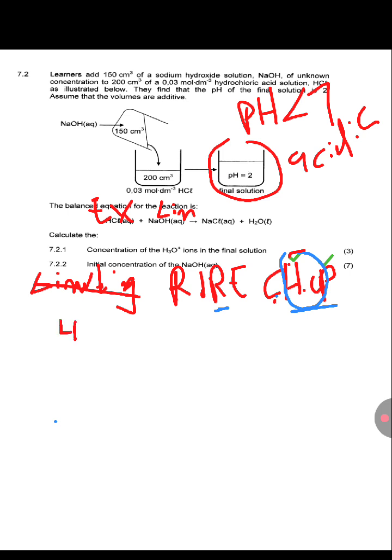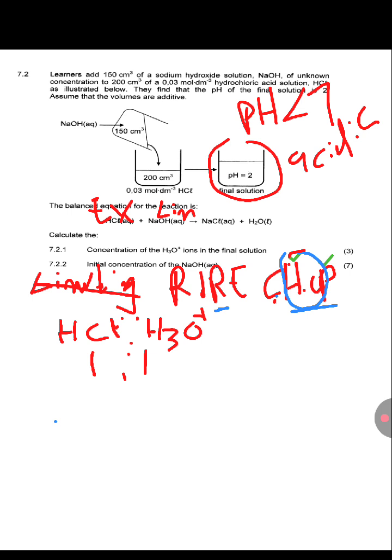So the acid is to hydronium ions. What is the ratio? To know the ratio, you ask yourself how many hydrogens in the acid itself are there. There is only one hydrogen, so it means it is 1:1.